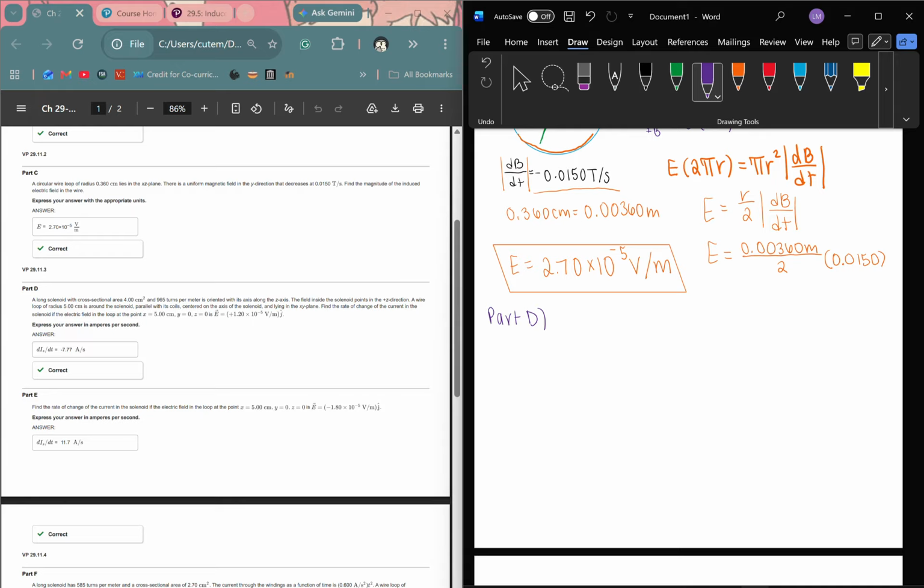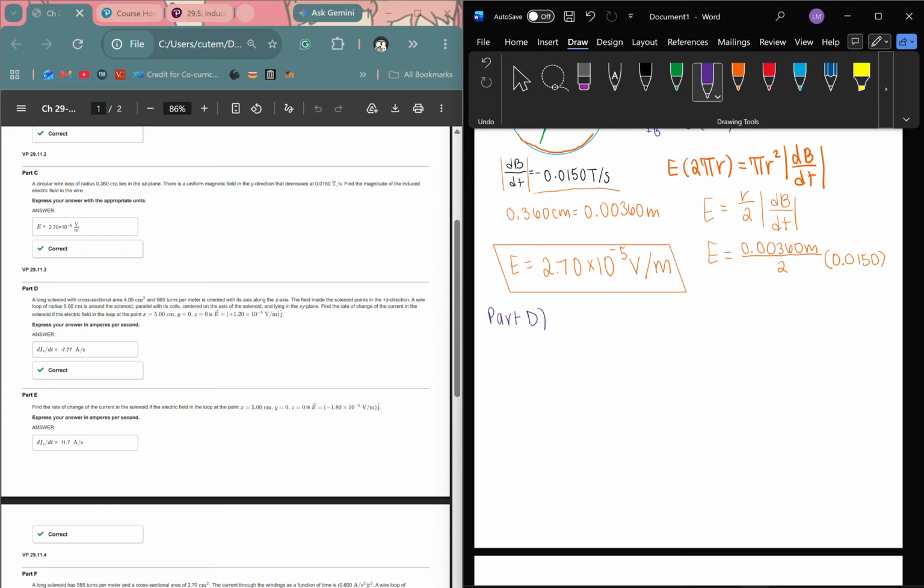A long solenoid with a cross-sectional area of 4.00 centimeters squared and 965 turns per meter is oriented with its axis along the z-axis. The field inside the solenoid points in the positive z direction. A wire loop of radius 5 centimeters is around the solenoid, parallel with its coil, centered on the axis of the solenoid and lying in the xy plane.